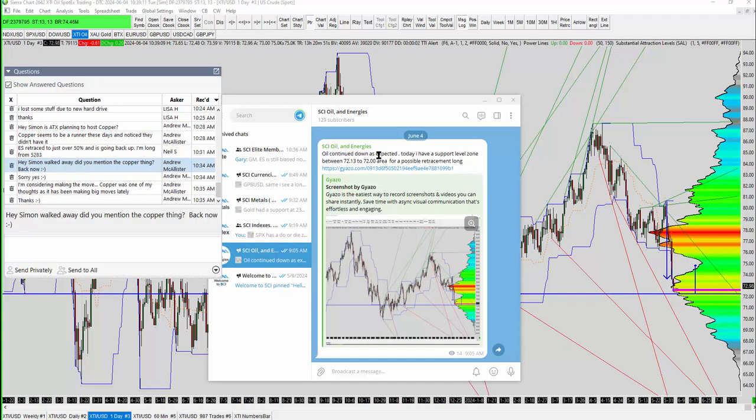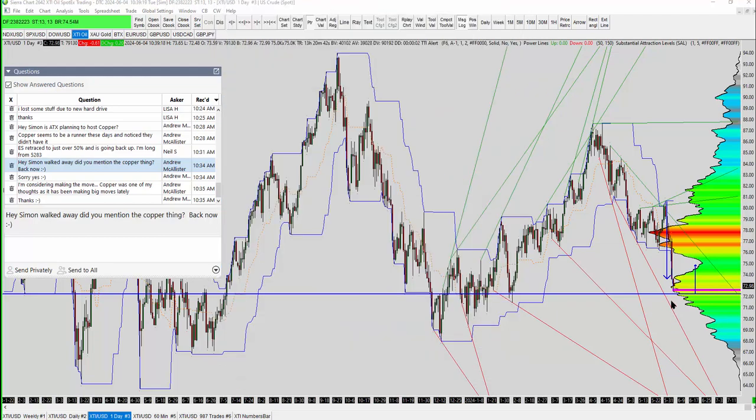It continued down from yesterday's call, but I have a support zone between 72.13 to 72 area, which is basically this line here. And there's a reason for it, right? If I do my price retracement, which is my Fibonacci level, most likely the 78% retracement, which is my least favorite level for retracement, is going to be tested. And once that is tested, then we can see if there's a bounce back up.